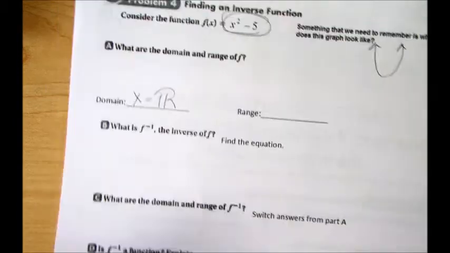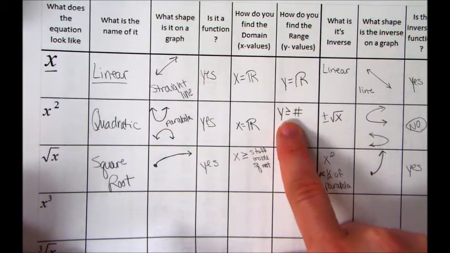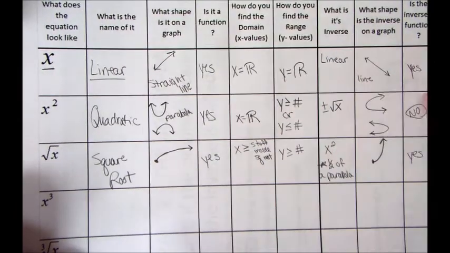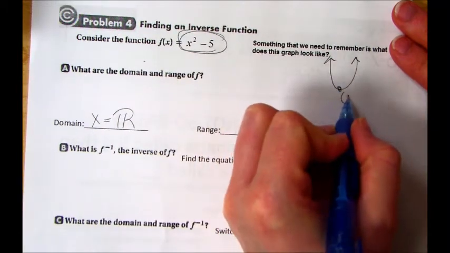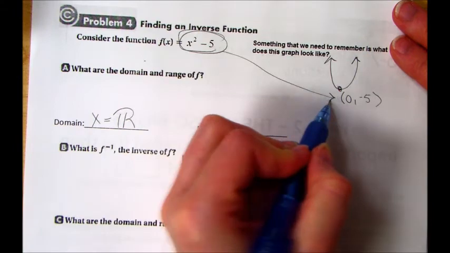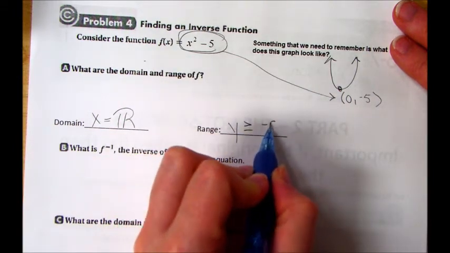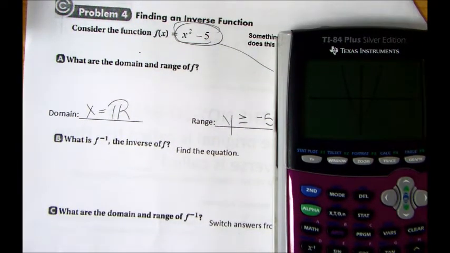If, again, you flip back, the range is greater than or equal to, this one opens up, so it's greater than or equal to a number. And if you remember, it's the vertex number. So in this one, hopefully you can remember that this vertex would be at 0, -5 because of the equation. So this time the range would be greater than or equal to -5. And that is because it starts at -5 and it goes up forever.